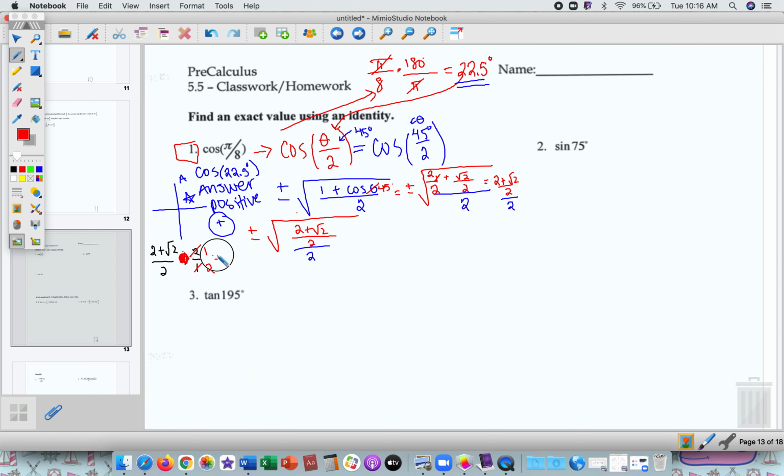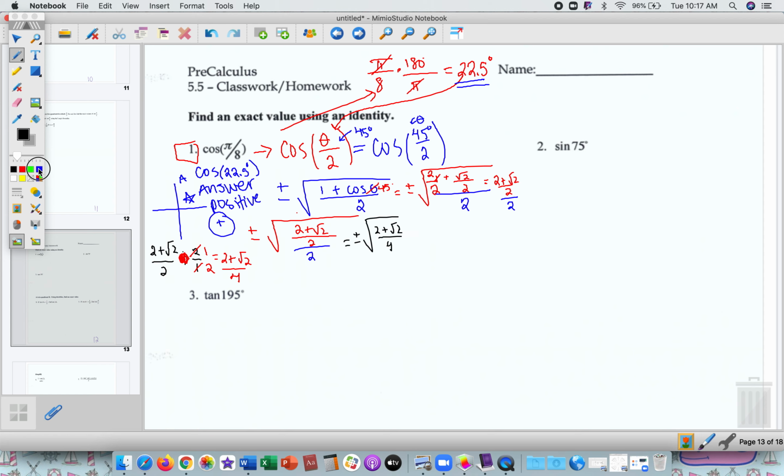So now we would have 2 plus root 2 over 4. So this all goes under a radical: plus or minus the square root of 2 plus square root 2 all over 4.